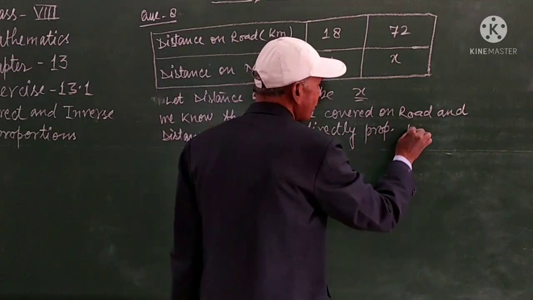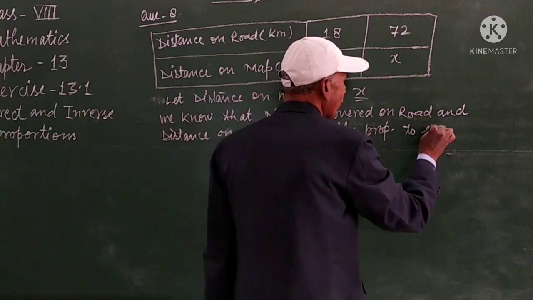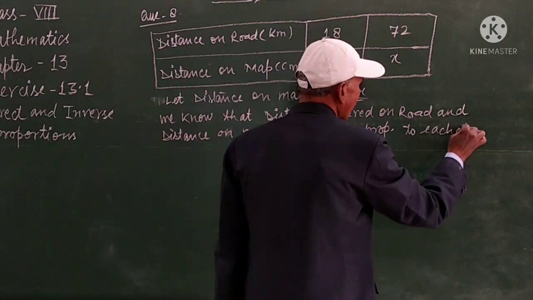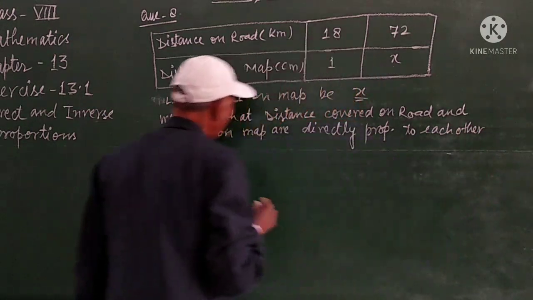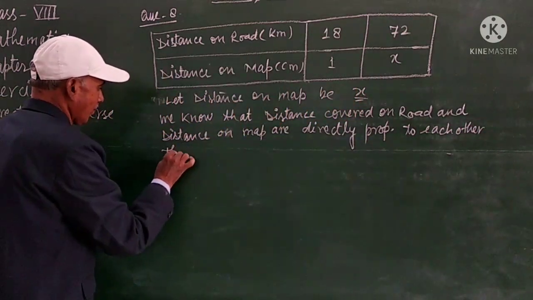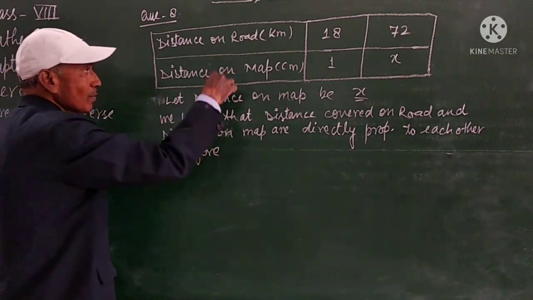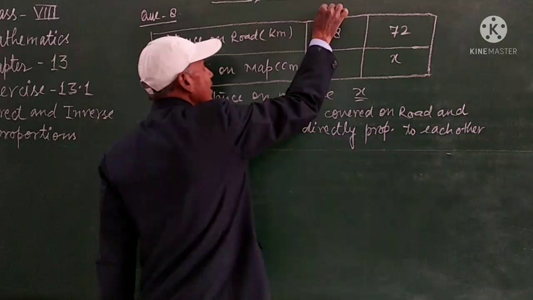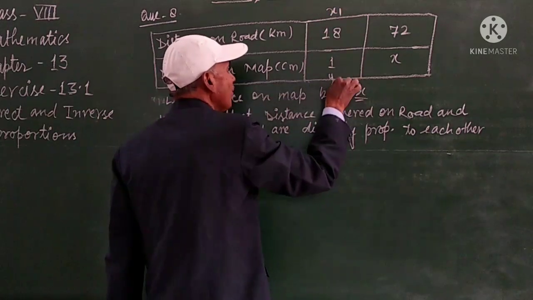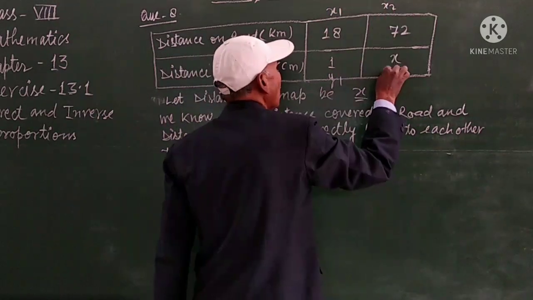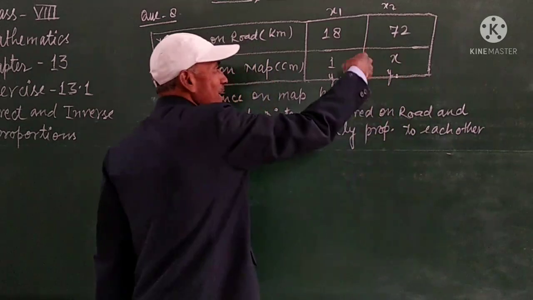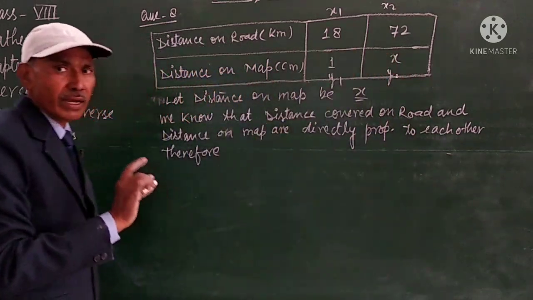Directly proportional to each other. Therefore, this one ratio will be x1, y1, x2, y2. Clear, student? In place of y2 we have taken here x.